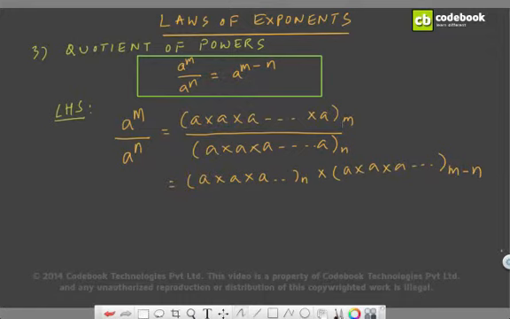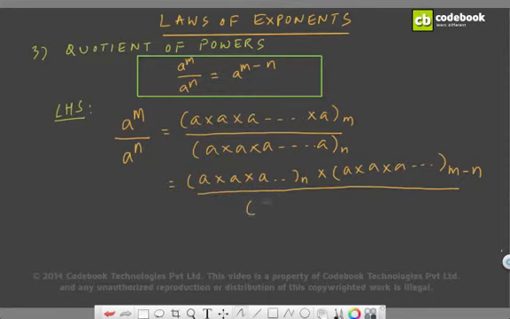This is because we totally had m number of a's in the numerator, but we took n number of a's out of it, and then the remaining would be m minus n number of a's. So this is how we can express the numerator.